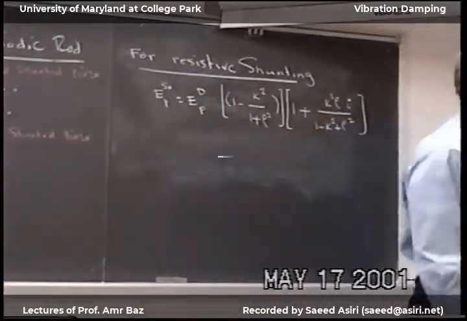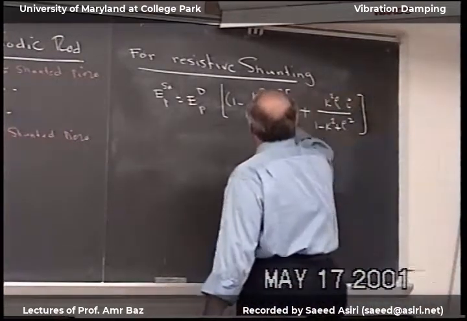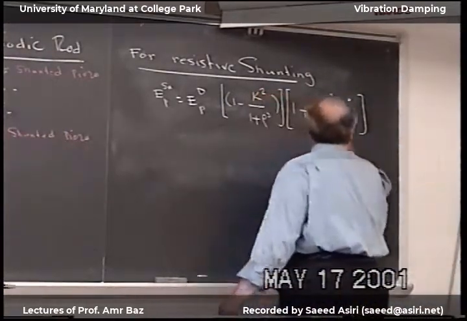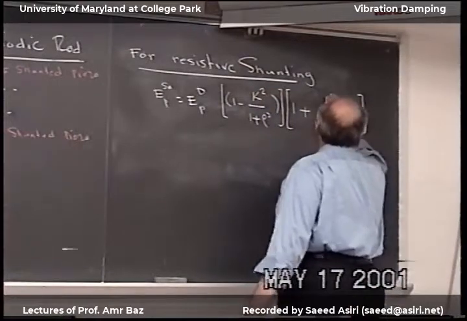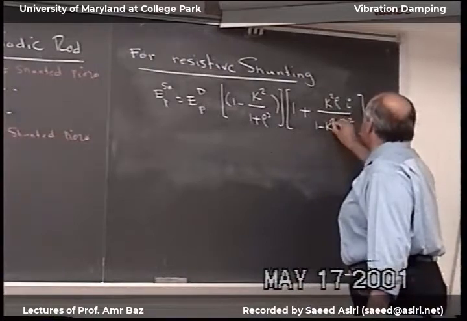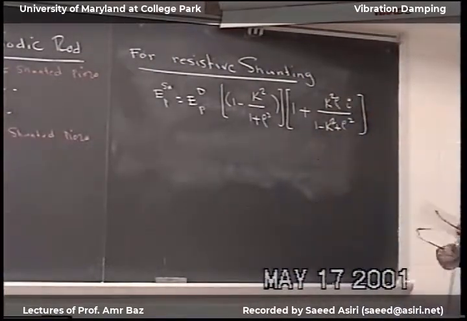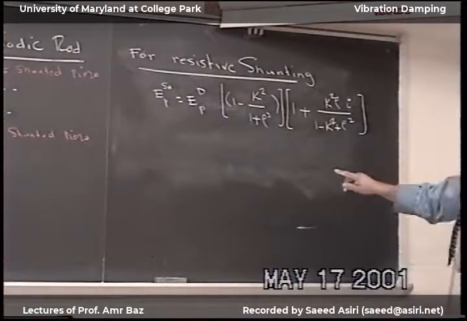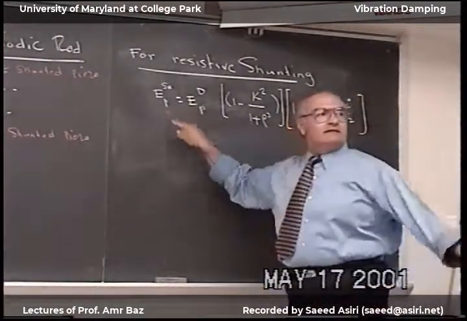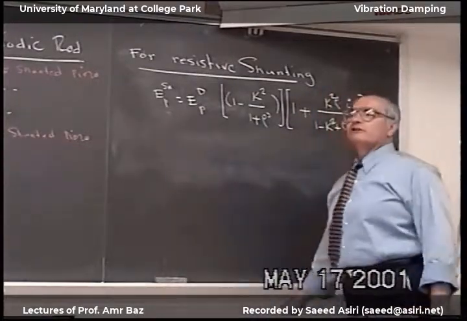And again the k here is the electromechanical coupling factor. Okay, so from this ratio, I can get the impedance ratio, and then we plug it in and get all the response of the system.